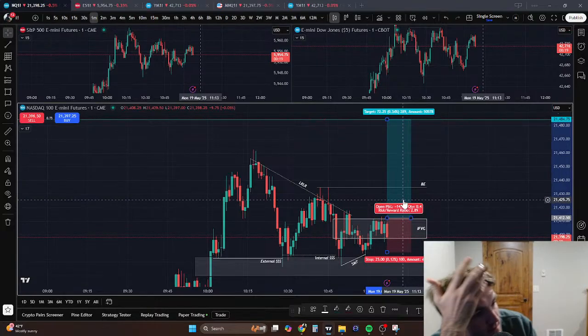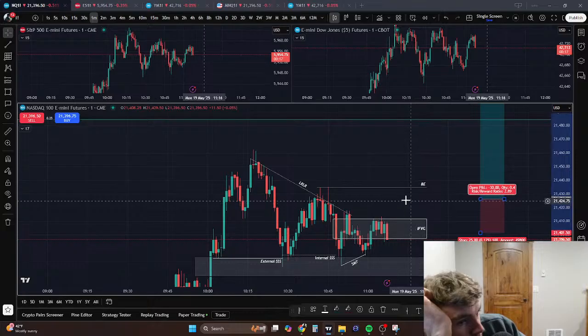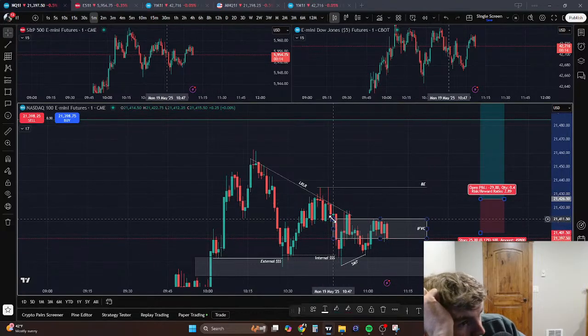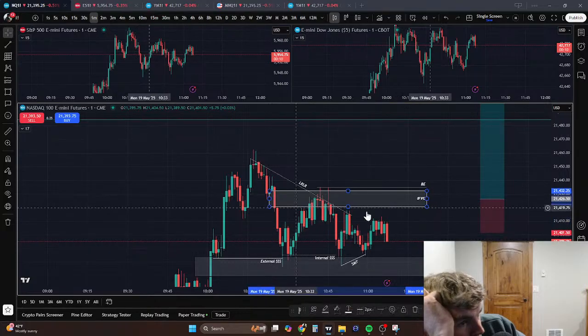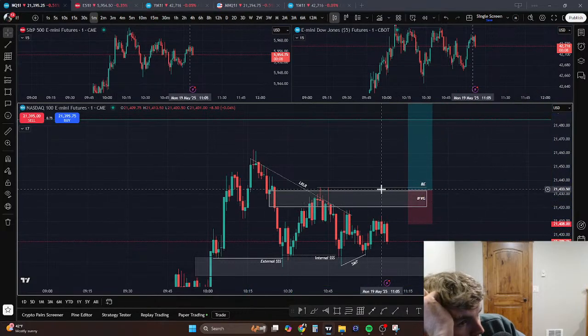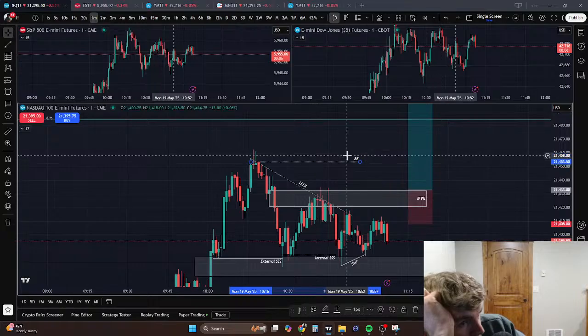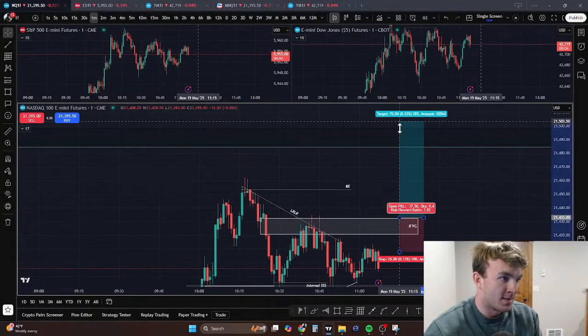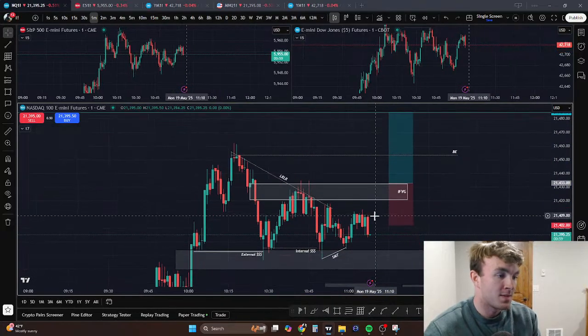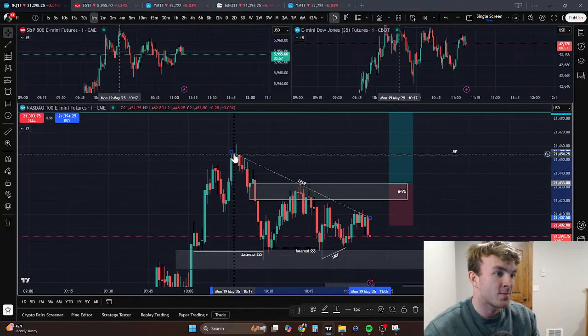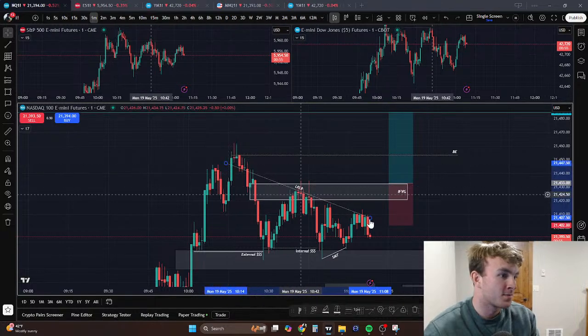Nothing. If we really want to play it safe, we could go once this gets inversed right here. That might be the move, and then break even here, and then TP here. But then again, we still got all this trend. We got good trendline liquidity lower too, so.